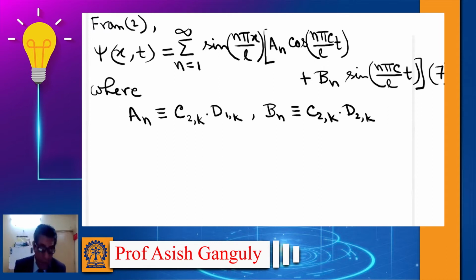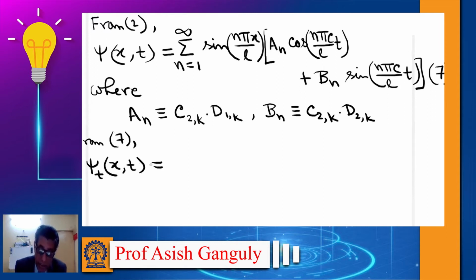To get these two families of arbitrary constants, we will use the two initial conditions. Remember, psi x 0 equal to f x and psi t x 0 equal to g x. So we have to calculate psi t also. So from 7, differentiate partially with respect to t.